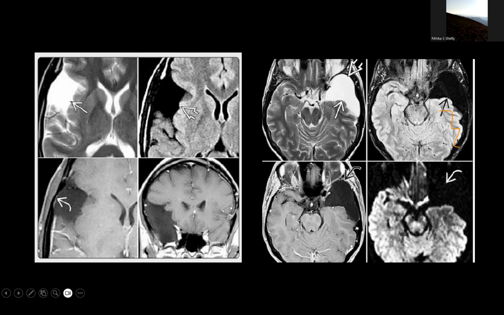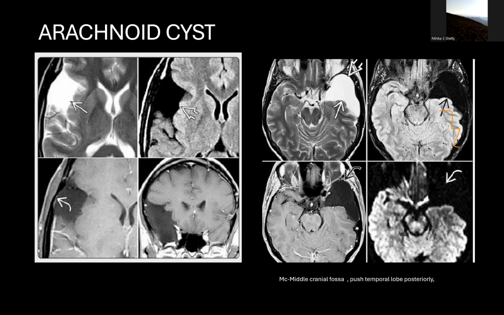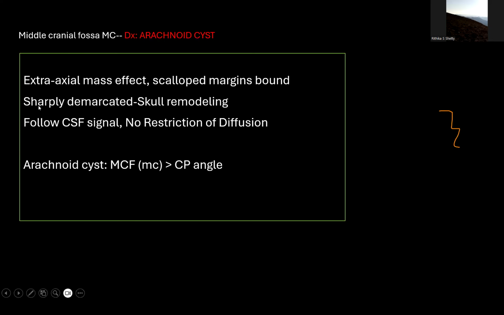So this is a classical case of arachnoid cyst, which is most commonly seen in the middle cranial fossa. As I told, extraaxial, mass effect, scalloped margin, skull remodeling is seen, follows CSF signal intensity, doesn't show diffusion restriction. Middle cranial fossa is more common than CP angle.